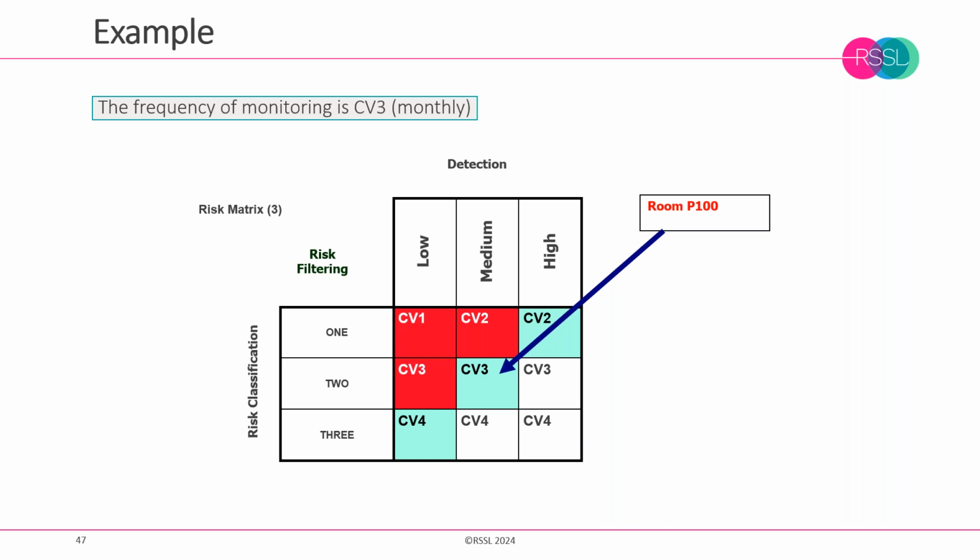In this example, room 100 comes out as CV3, so it's a room that on the schema we've constructed we would monitor on a monthly basis, and we would then start to group similar rooms around this, and dissimilar rooms would be at different ends of the scale.